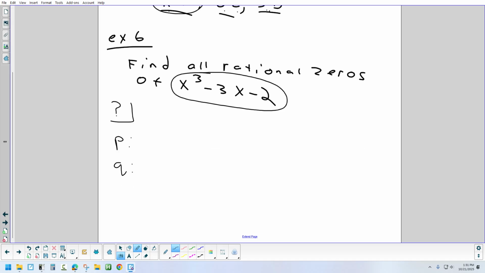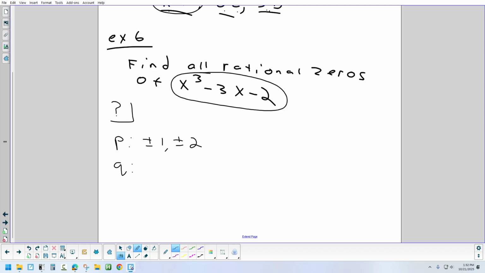Okay, list out all your P and Q values. P, factors of the constant. What are all the factors of negative 2? Yeah, Joel. 1 and 2, and what else? Negative 1 and negative 2. Okay, not that many options.